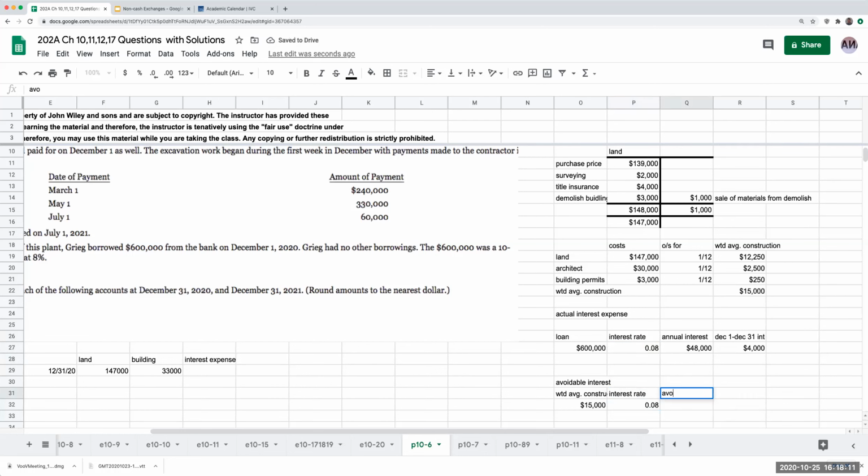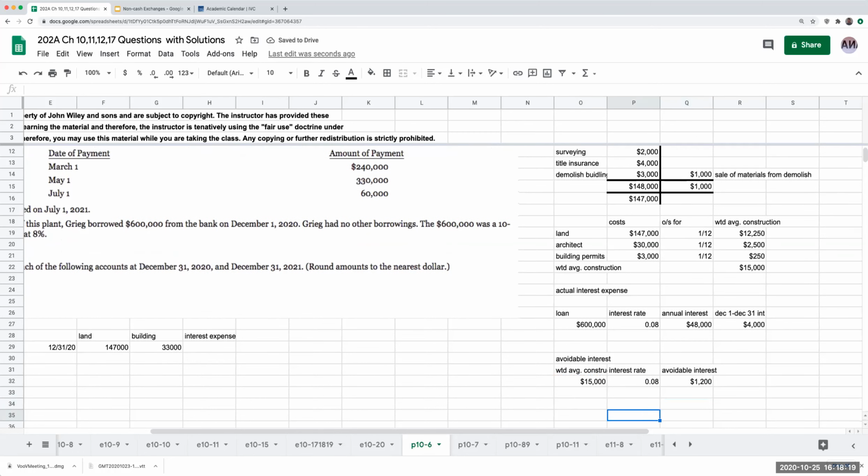So my avoidable interest is going to be 15,000 times 8%, or 1,200. So the amount of interest to be capitalized is going to be 1,200.